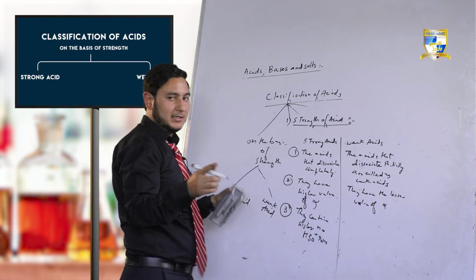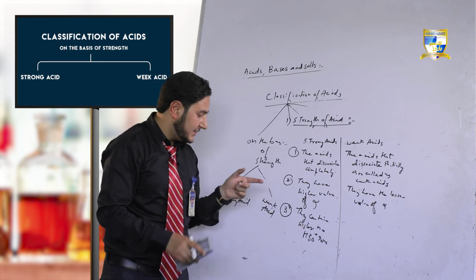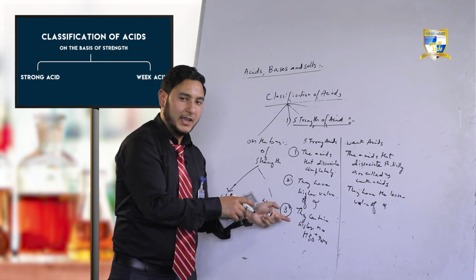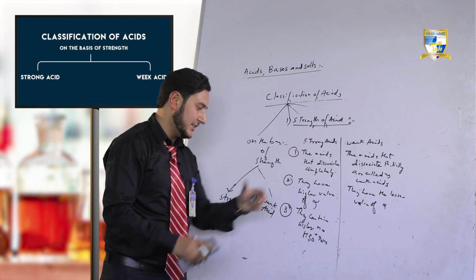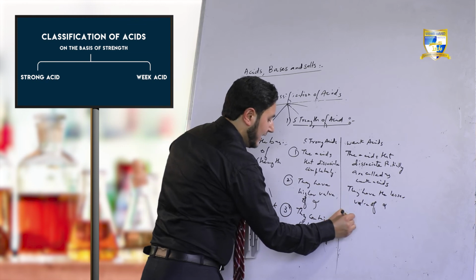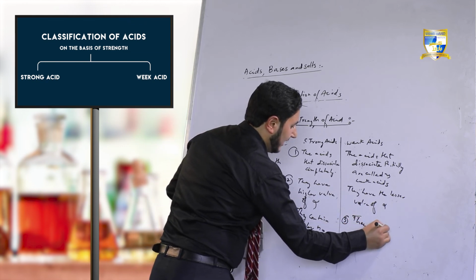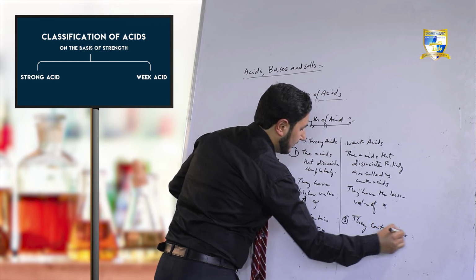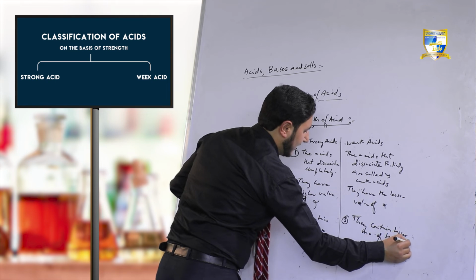H positive ions combine with the water molecule and form H3O positive ions. So if the solution of an acid contains a higher number of H3O positive ions, it will be called a strong acid. Weak acids contain a lesser number of H3O positive ions, that is hydronium ions.